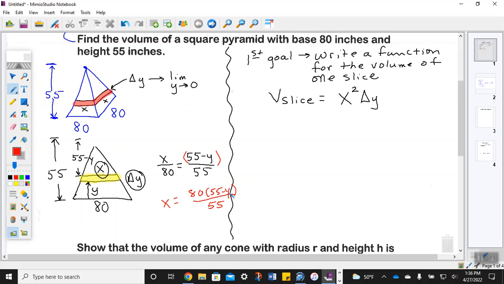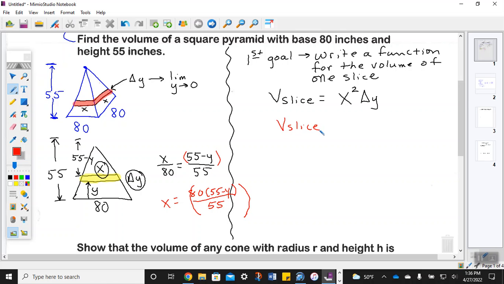So I want to replace that x, anywhere where I have an x, I want to replace it with this mess right here, right? You guys agree with that? Okay, so what I could say right here then is the following. I could say the volume of one slice then, because let's face it, we're replacing x so I can get what variable into the problem. Okay, so the volume of this slice, and this is your most important part right here. If you can get to this point right here, volume of one slice, you're in good shape.